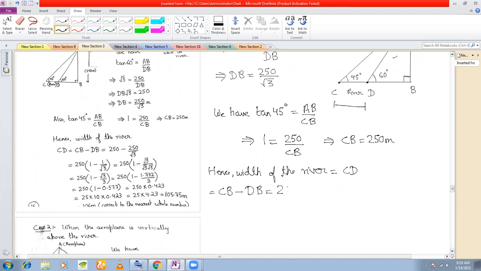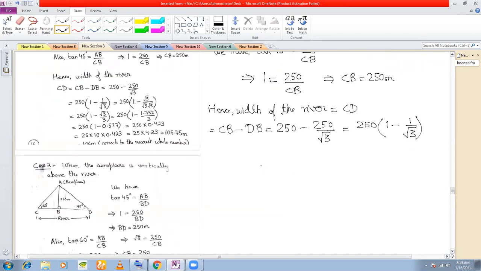CB we have calculated to be 250 and DB we have calculated above to be 250 by root 3. Now we shall find out the value of this. Okay, how to find out the value of this? See, from these two you can take 250 common. Once you take 250 common, you get 1 minus 1 by root 3. Now in 1 by root 3, you have the denominator as irrational. So therefore, you will make it rational.